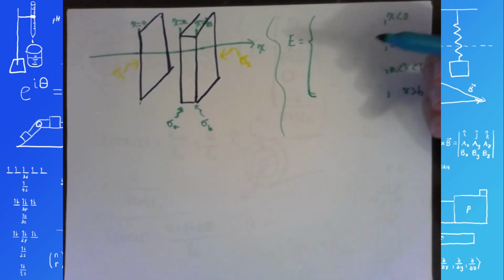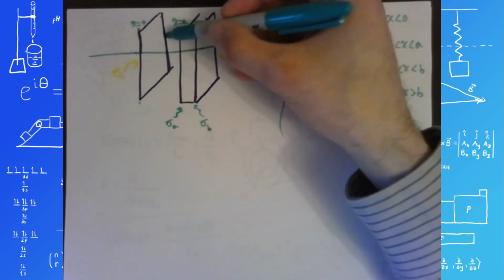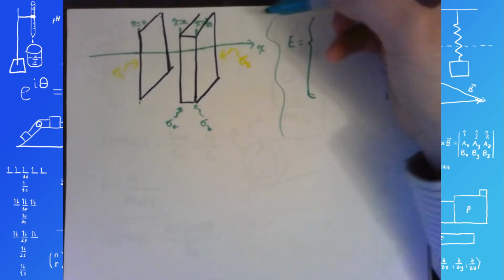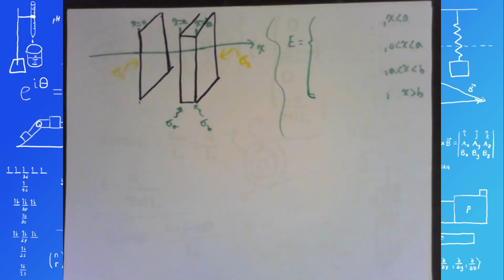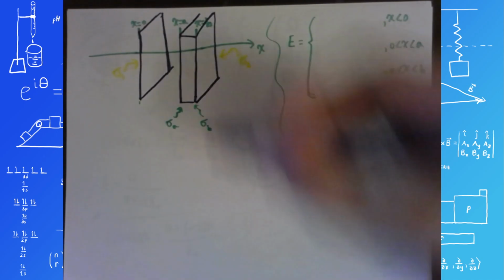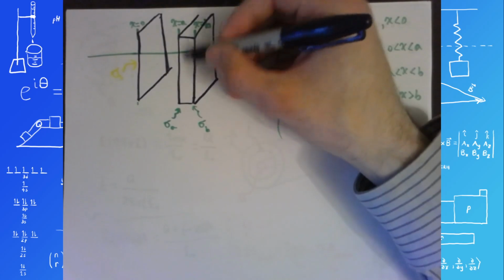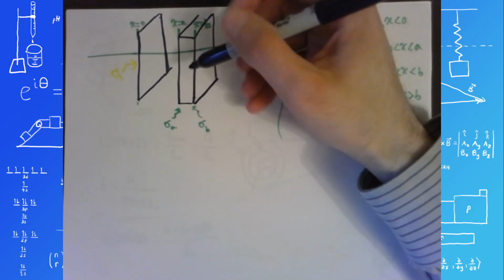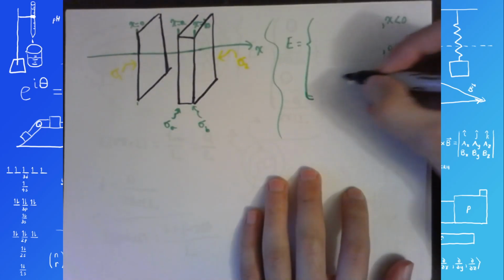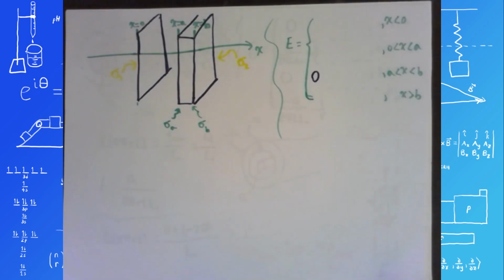So that's 4 regions of interest: here, here, here, and out here. One of these is going to be really, really easy because for a conducting slab, anywhere inside the bulk of that conducting slab, the electric field must be 0. The electric field in here has to be 0. Done.